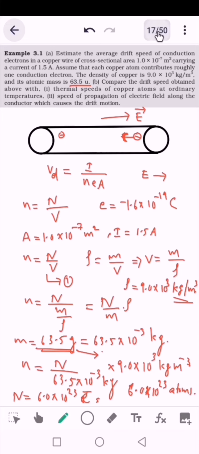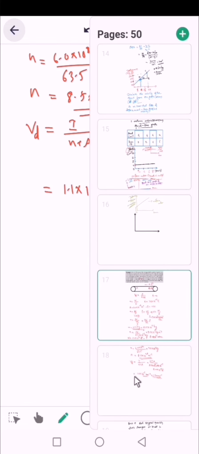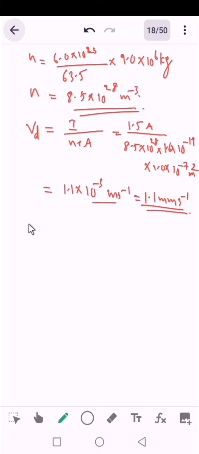The energy of electrons moving is given by the following expression. When the electrons are moving they have kinetic energy, and the average value of kinetic energy is equal to half mv square, and this value is equal to 3 by 2 kBT.